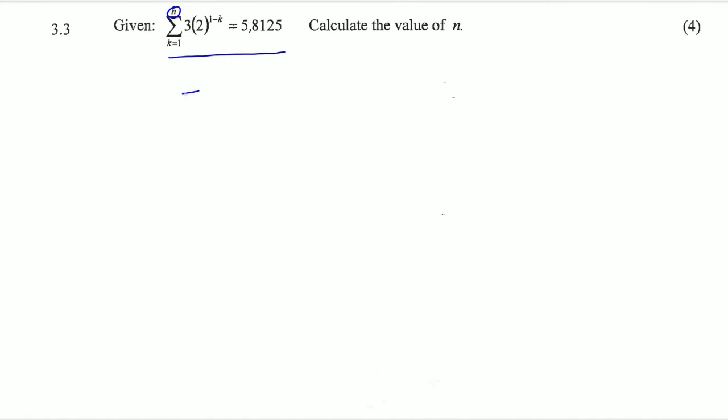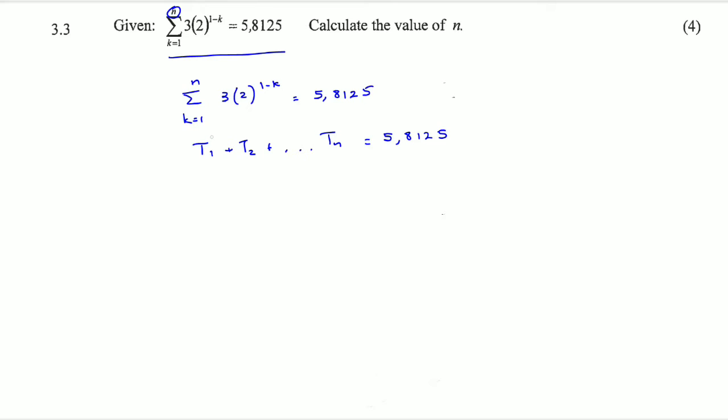The symbol sigma means sum, and we sum from k equals 1 to n the expression 3 times 2 to the power 1 minus k, which is equal to 5,8125. If we expand this series, we'll have term 1 plus term 2 up to term n, and that sum will be 5,8125.